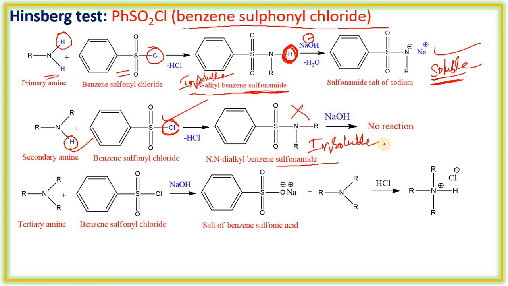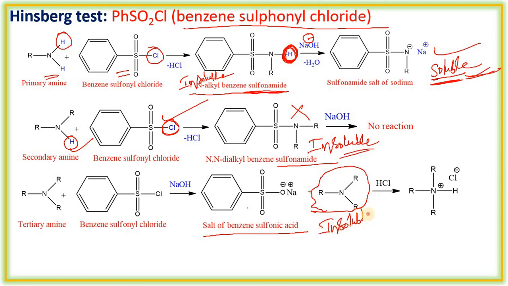So finally you will get insoluble. In case of primary, after treating with sodium hydroxide, you are getting soluble solution. In case of secondary, you are getting insoluble. And if you take tertiary, in presence of sodium hydroxide, there is a formation of salt of benzene sulfonic acid. This one is soluble in water, but this tertiary amine is not soluble in water. So you will get insoluble.